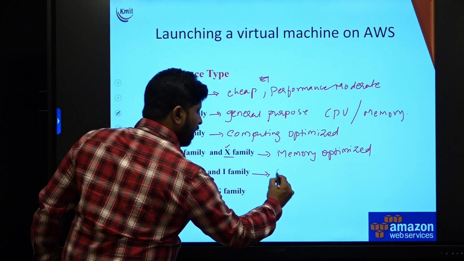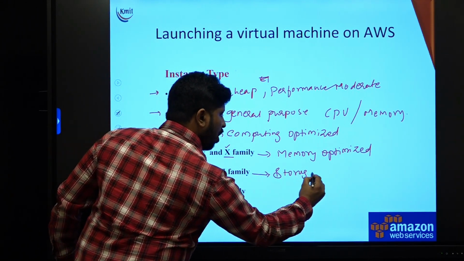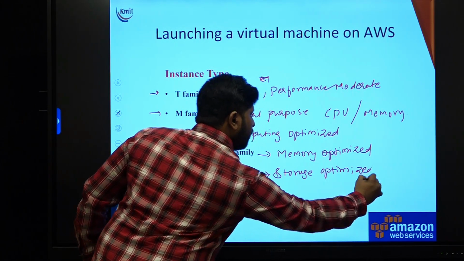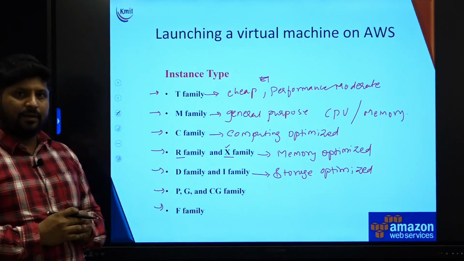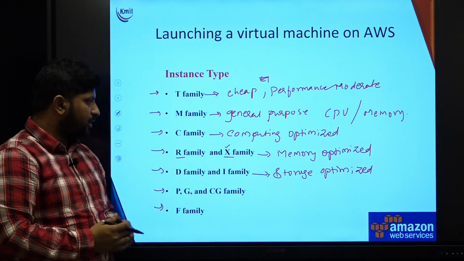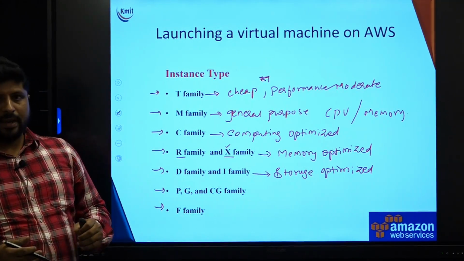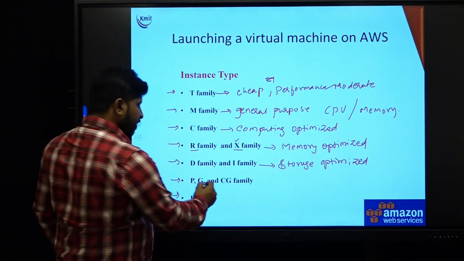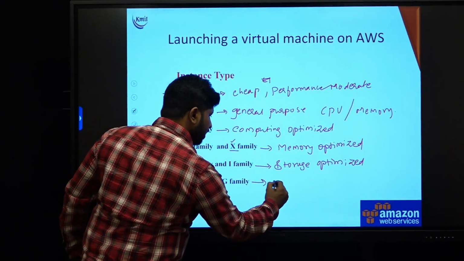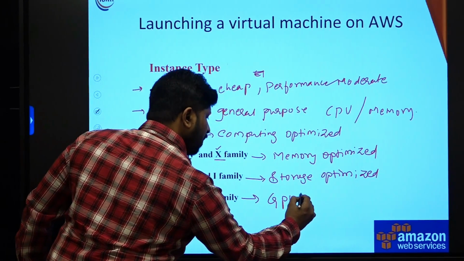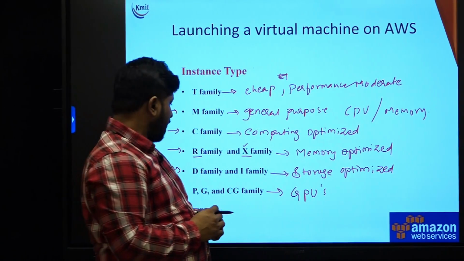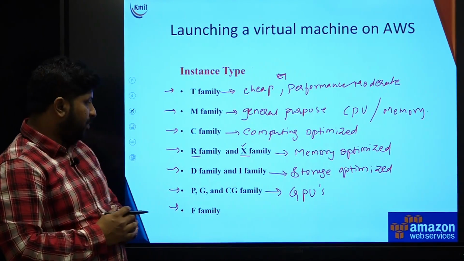D and I are storage optimized, where you need to handle a huge amount of data through the EC2 instances. Then we can deploy the EC2 instances of D and I family. At the same time, P and G are GPU instances, where you require highly optimized GPUs.